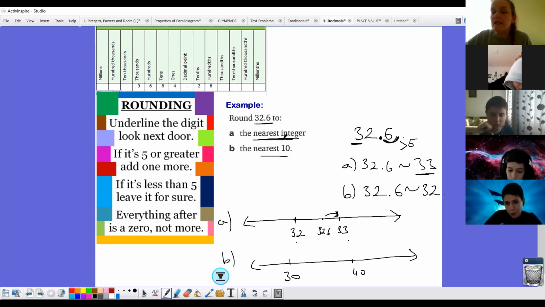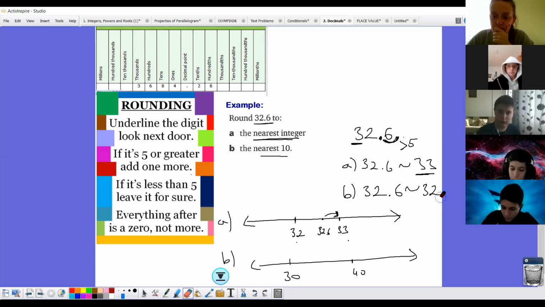In B, it says nearest 10. Because it says nearest 10, I'm writing the tens. So it is 30 and 40. The number is between 30 and 40, the tens, yes? Well, you will round to 30 or 40.